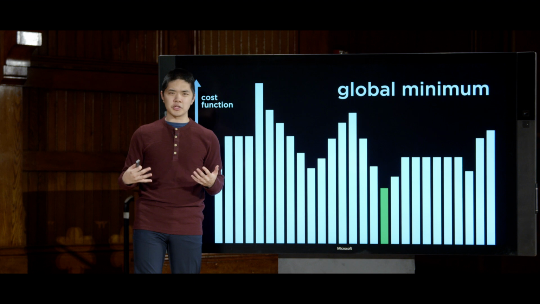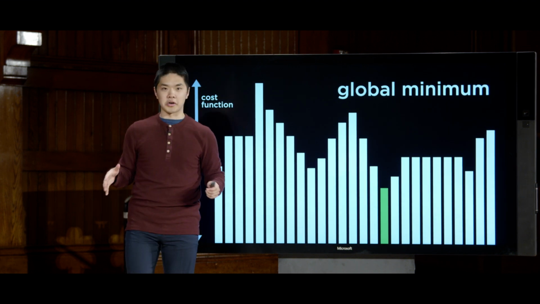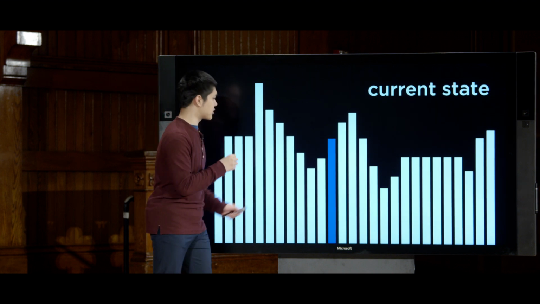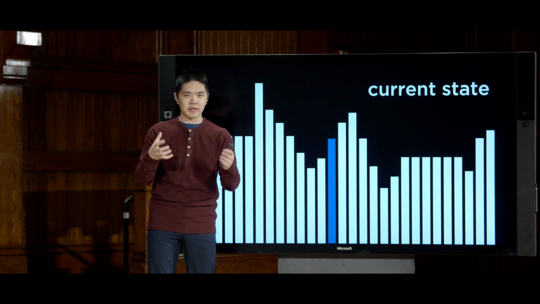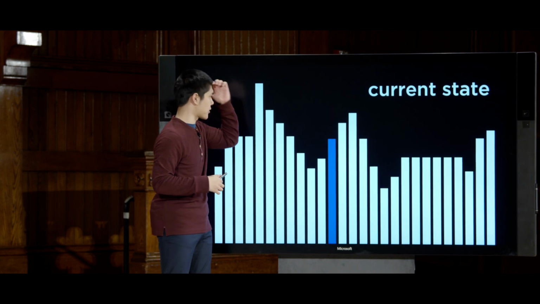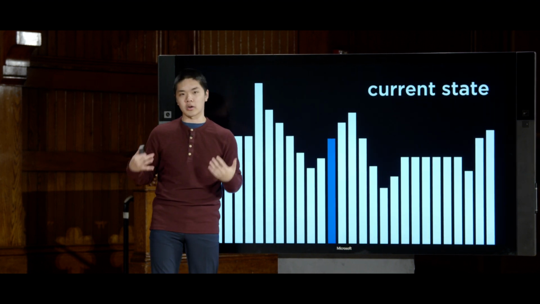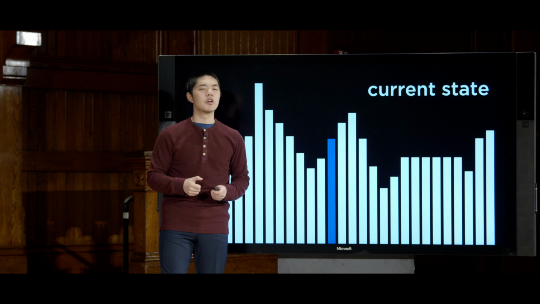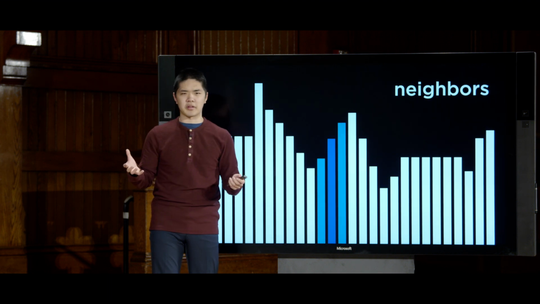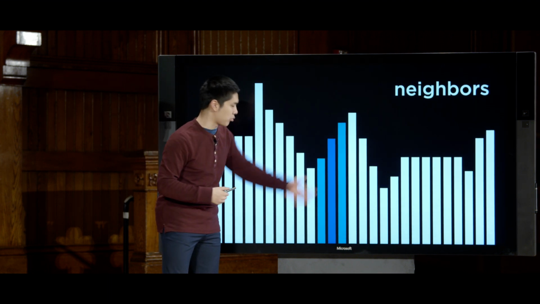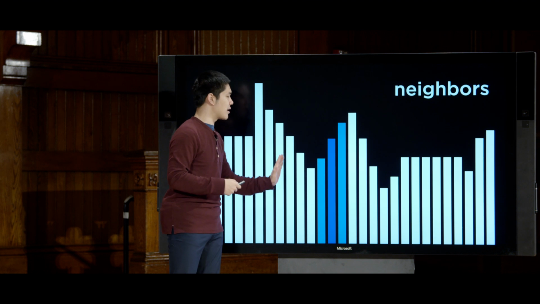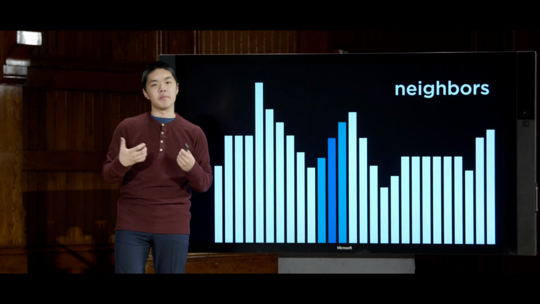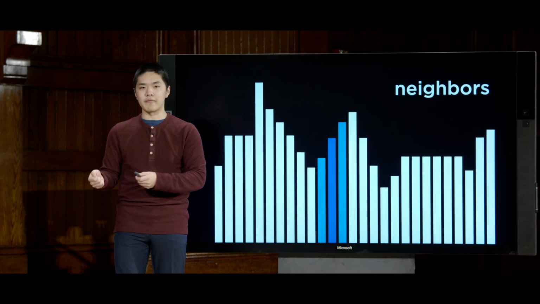And how exactly do we do that? Recall that in local search, we generally operate this algorithm by maintaining just a single state, just some current state represented inside of some node, maybe inside of a data structure, where we're keeping track of where we are currently. And then ultimately what we're going to do is from that state, move to one of its neighbor states. So in this case, represented in this one-dimensional space by just the state immediately to the left or to the right of it. But for any different problem, you might define what it means for there to be a neighbor of a particular state.